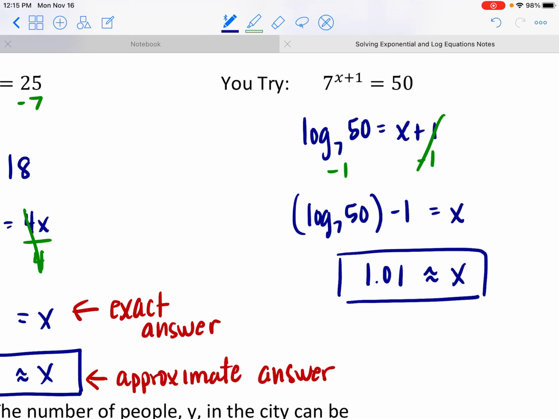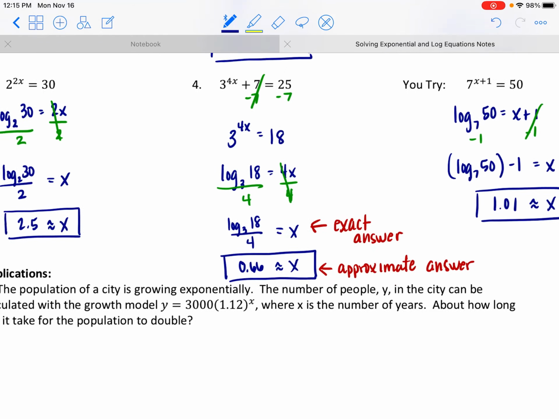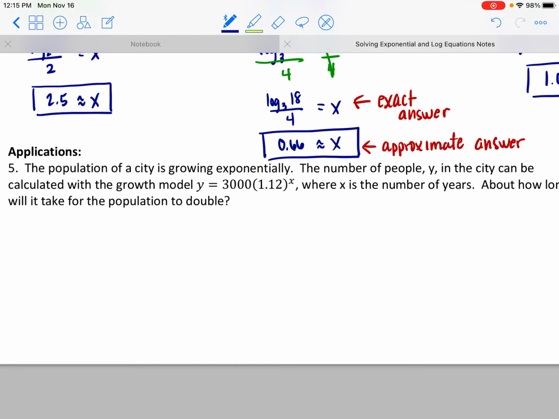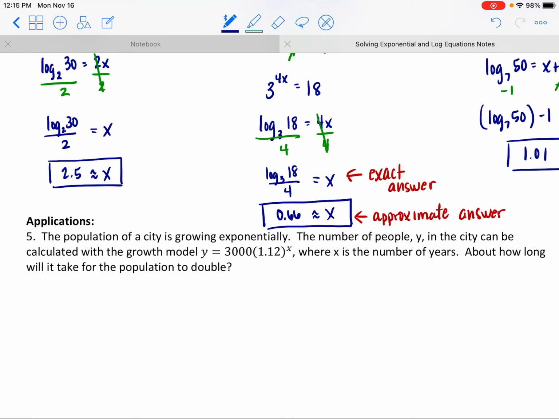Okay? So here we have an application problem, and we're going to do some more applications toward the end of the unit, but just so you can see one spot where something like this could be applied. It says the population of a city is growing exponentially, and the number of people y in the city can be calculated with this growth model, y equals 3,000 times 1.12 to the x power, where x is the number of years.